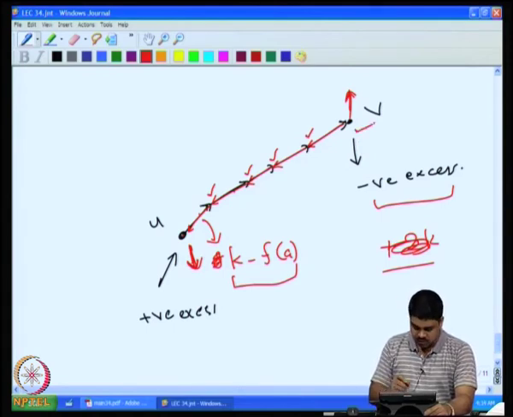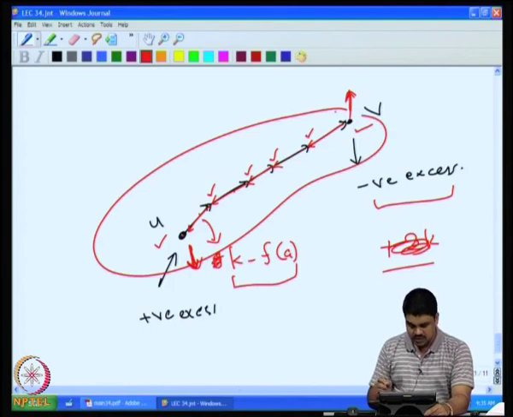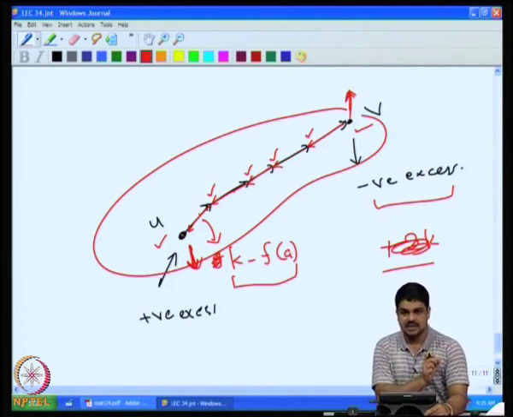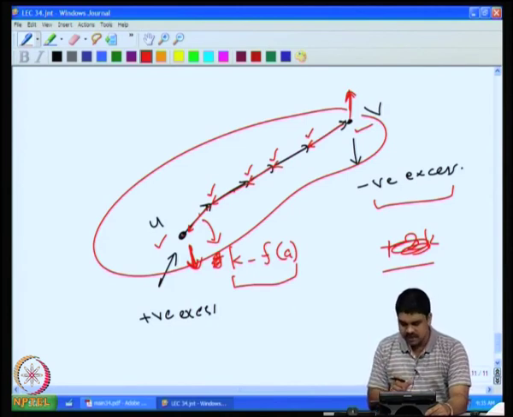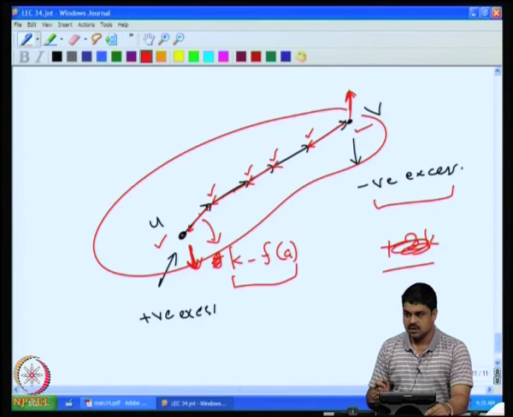I leave it to the students to figure out that this indeed happens. The reason I am leaving it is that this is more or less the same trick that we used in the earlier proof, when we considered the existence of the feasible flow. There we used a specially defined improvable path; here we are just taking directed paths, and all the other ideas are more or less the same.